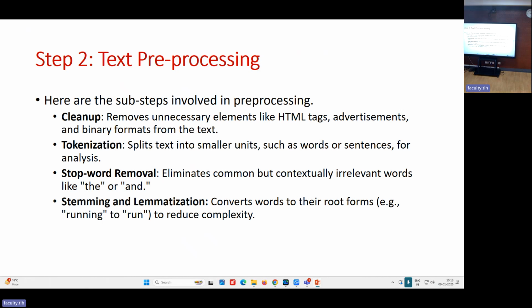Another is stop word removal. This is another pre-processing step which you can follow, but this is not necessary. It is optional, right? In some applications you need this particular processing, and in some other applications you don't need it, right?